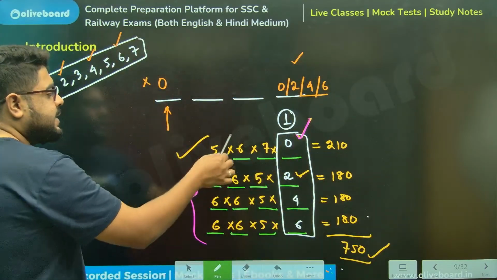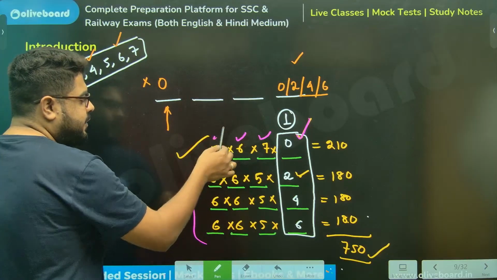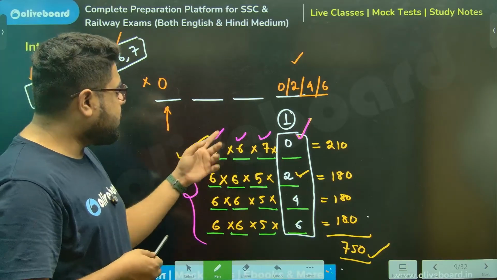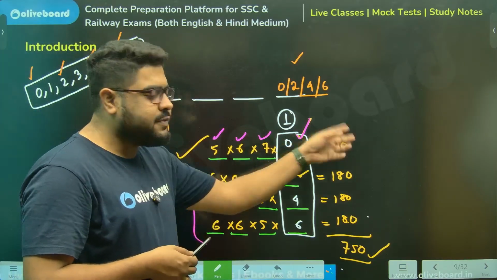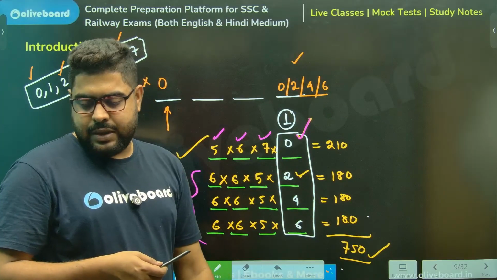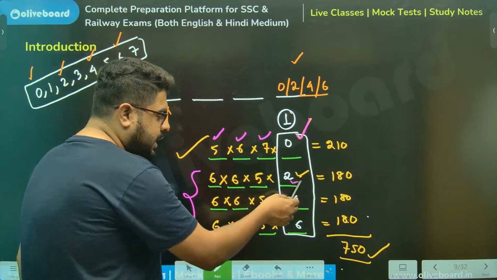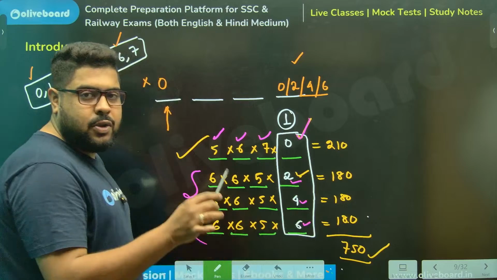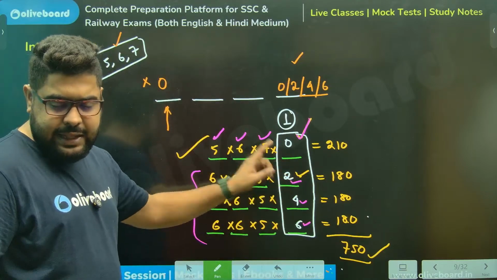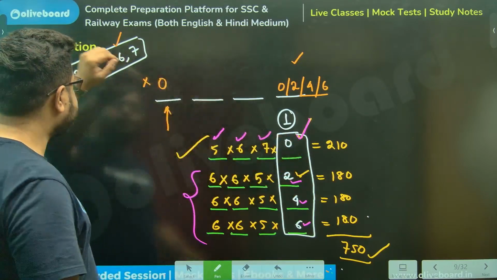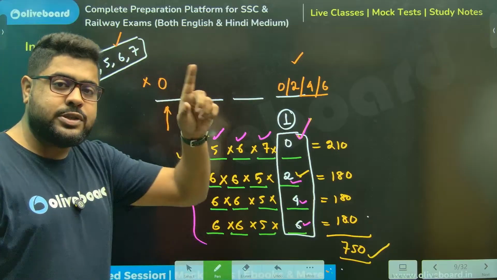So in the other places you have 7, 6, 5 options. 5 times 6 is 30, 30 times 7 is 210 options. Now, you have 2 here, 4 here, 6 here. Once you have 2 here, let's say, I'm just taking this example, you again have to worry about 0.